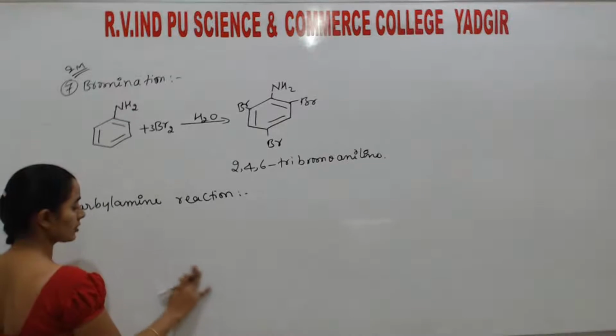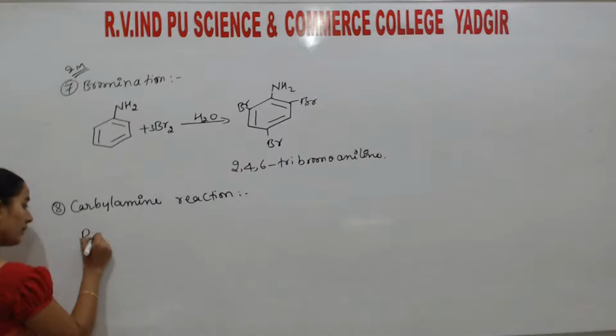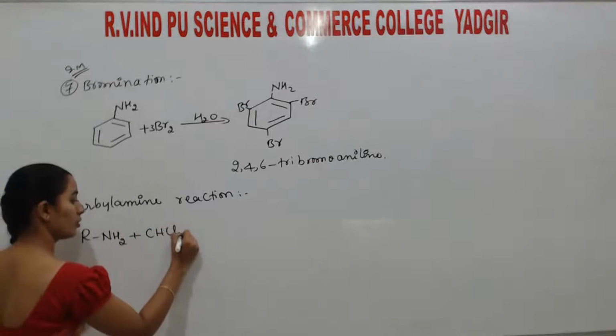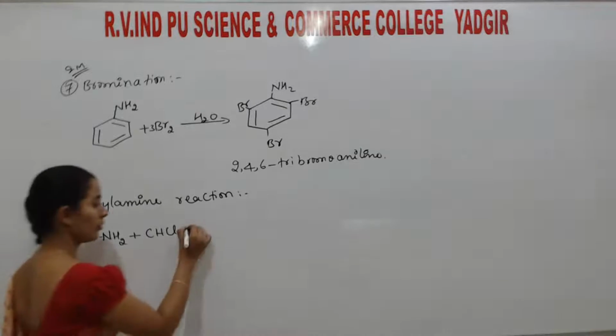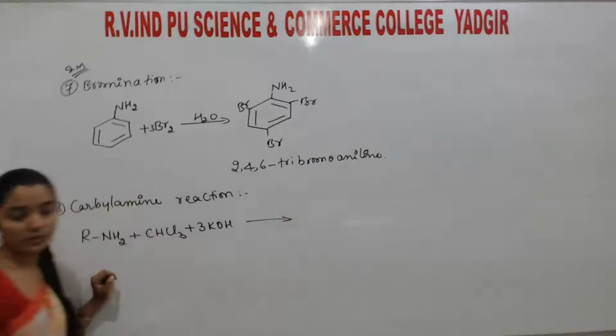So students, in this carbylamine reaction, primary amine is treated with chloroform in presence of KOH.